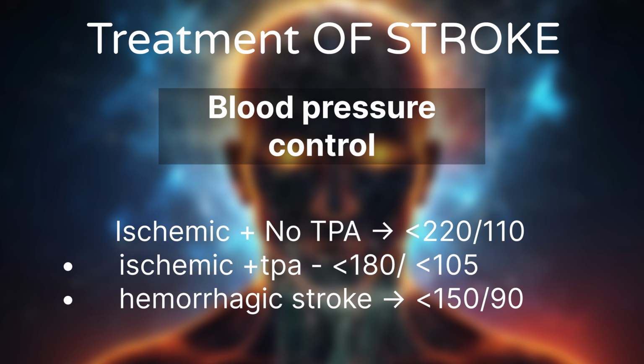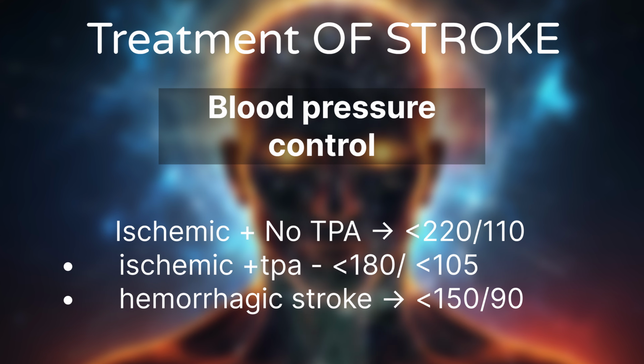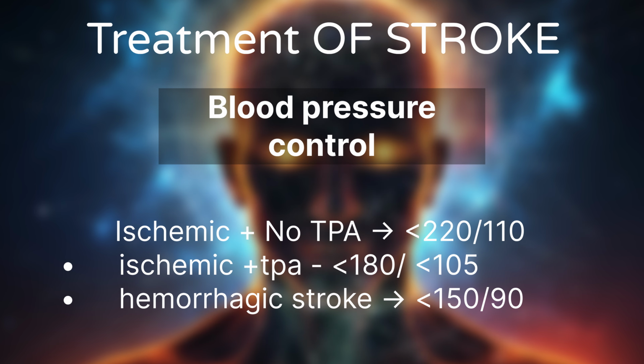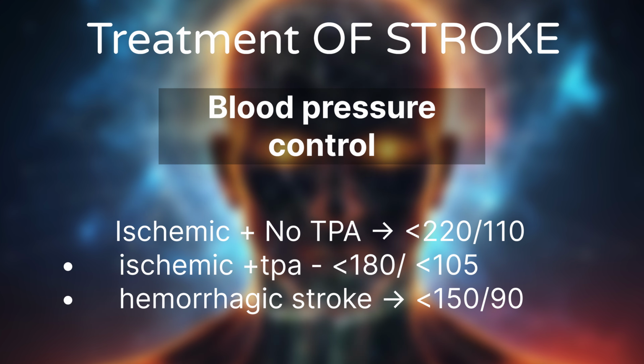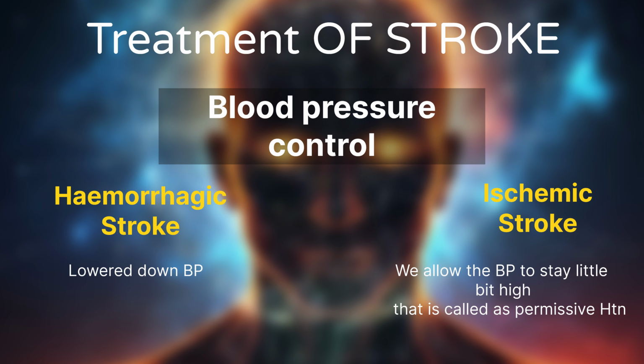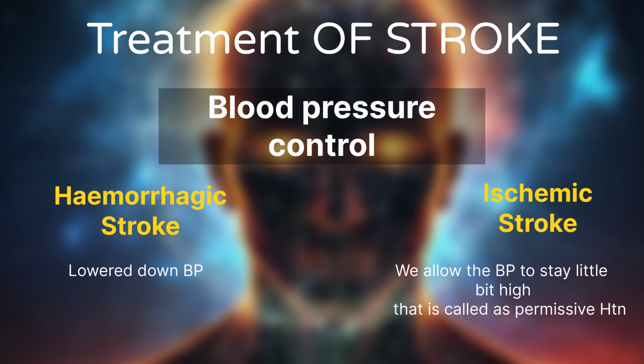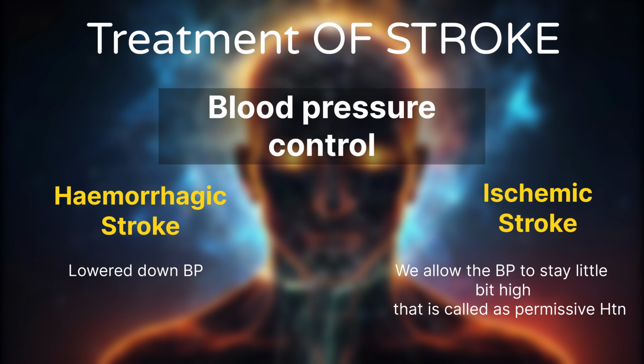In hemorrhagic stroke, the blood pressure is lowered very rapidly, to less than 150/80. So in hemorrhagic stroke, you lower the blood pressure. In ischemic stroke, you let the blood pressure stay a little bit high. That is called permissive hypertension.